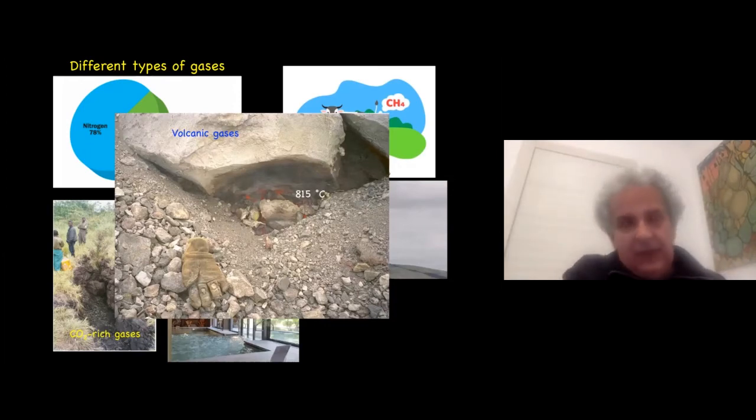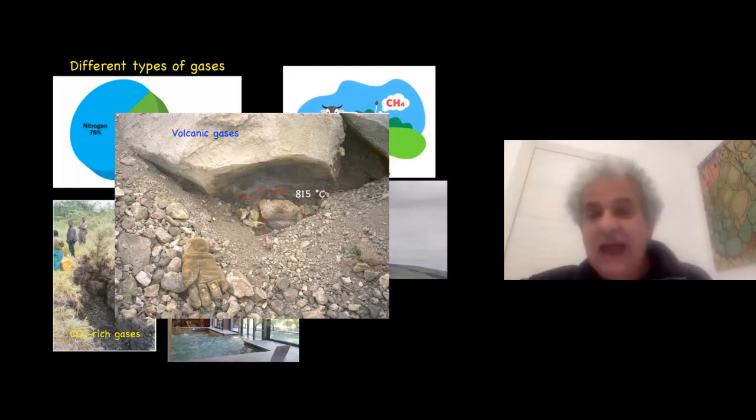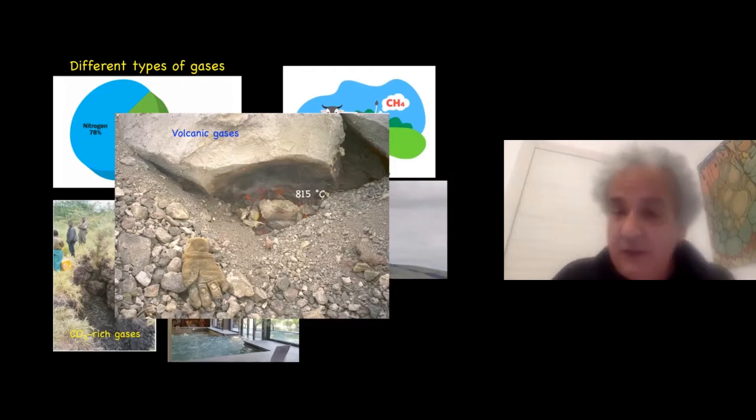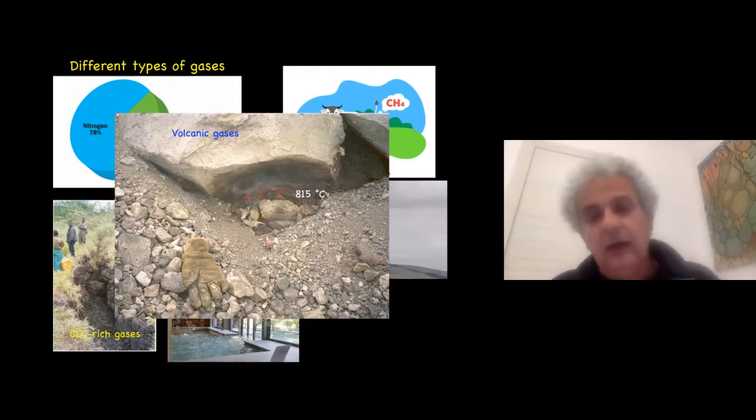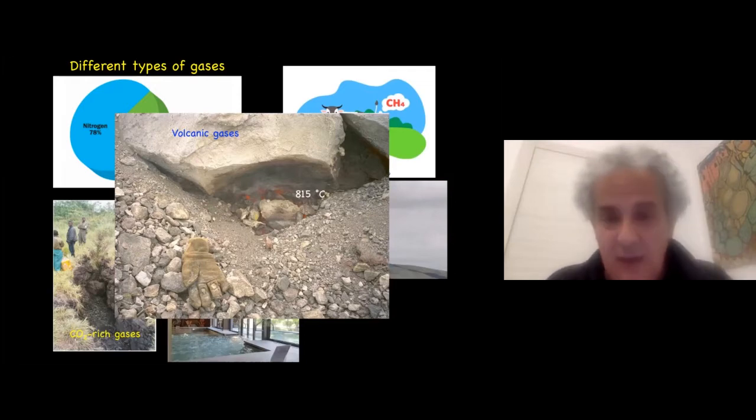We have a very large variety of temperatures, from 70 degrees up to 900 degrees. This is very important for the sampling related to stable isotopes, and obviously also for the sampling of gas chemistry.